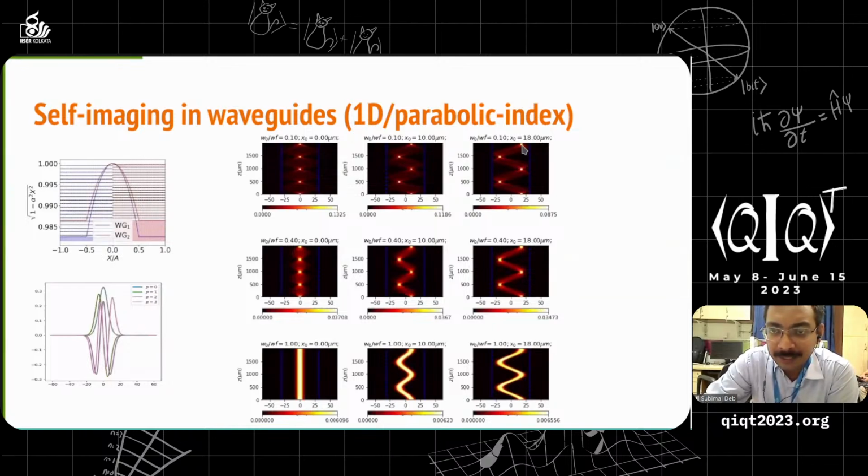On the extreme right, the revival distance is a little smaller than the ones on the extreme left. That led us to take a look at the same kind of study, the dependence of the self-imaging distance with the width of the waveguide and the offset.